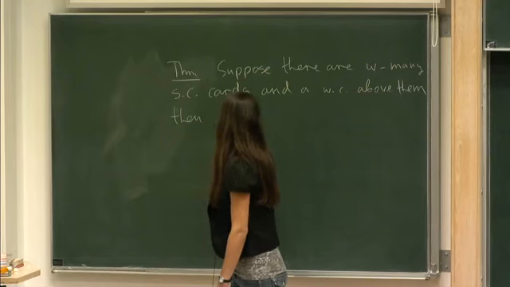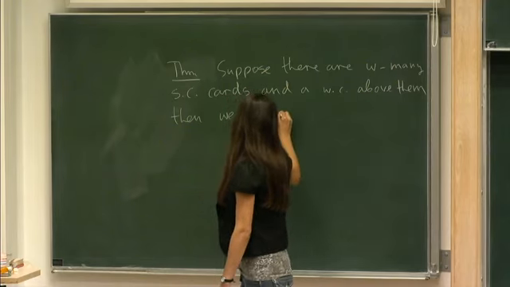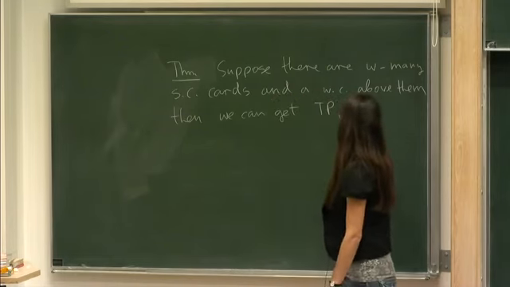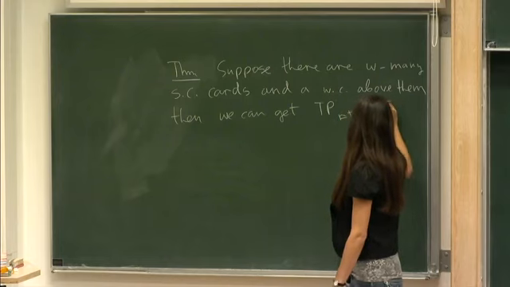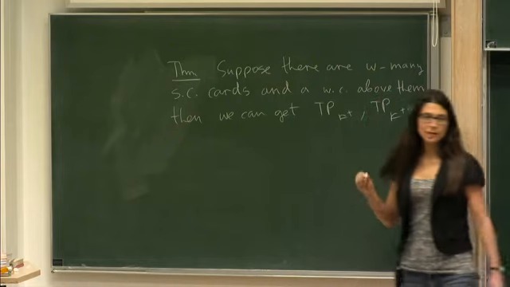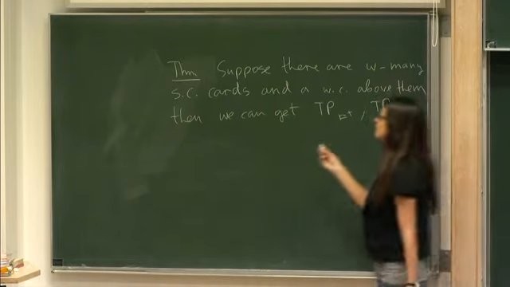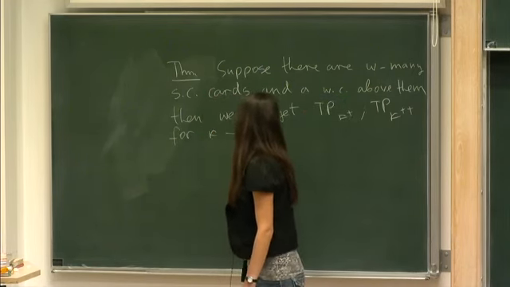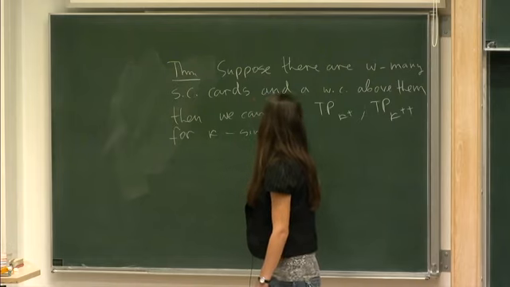Then we can get the tree property at kappa plus and kappa double plus, where kappa is a singular strong limit.